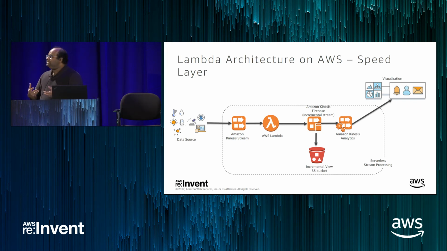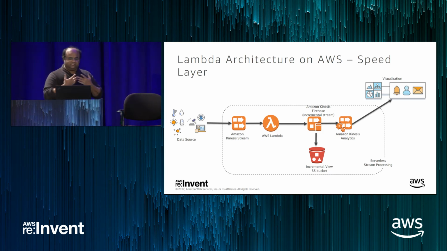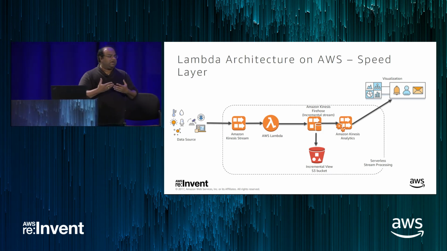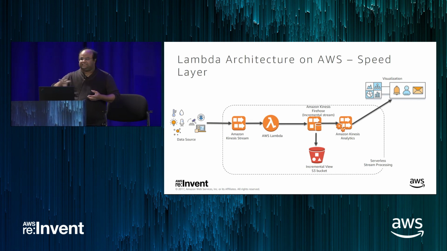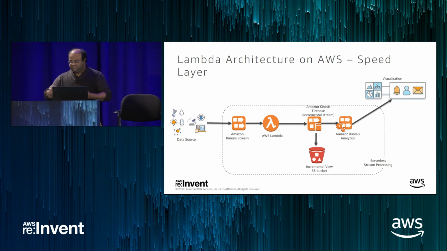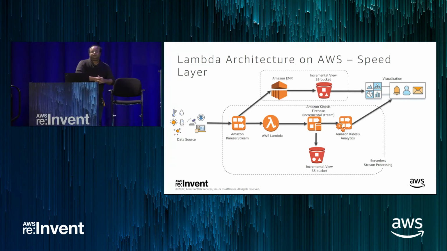And with Kinesis Analytics, you can do detections like anomaly detection, and you can run your analysis on the window of data that's being streamed in. So this is your real-time or near real-time streaming analytics or stream processing. On the left side is your data source that's streaming in data.